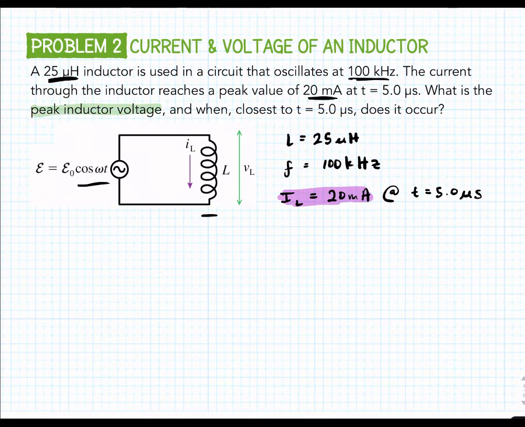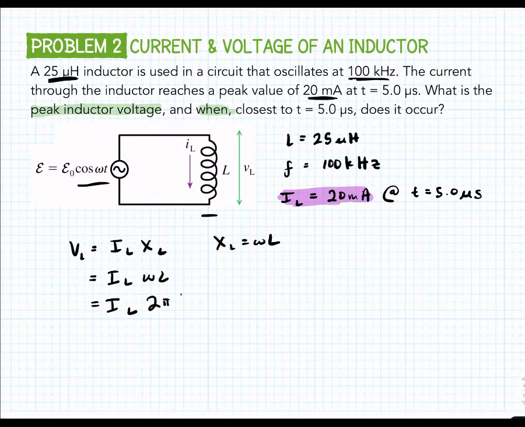So we have this Ohm's law, which is V peak, right, is equal to I peak times reactance, inductive reactance. In this case, inductive reactance is X sub L, and X sub L is omega L. So this part of the problem is just plugging in numbers.